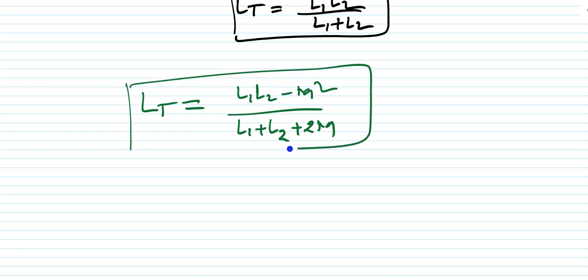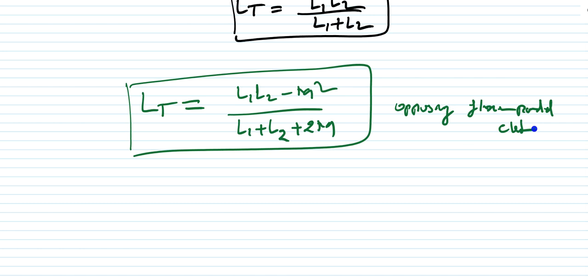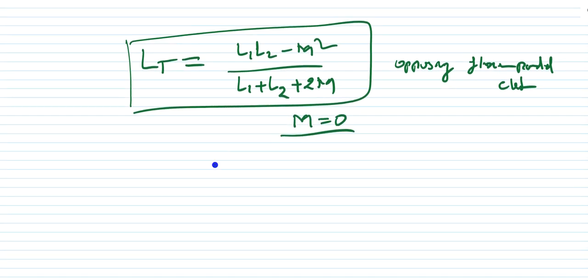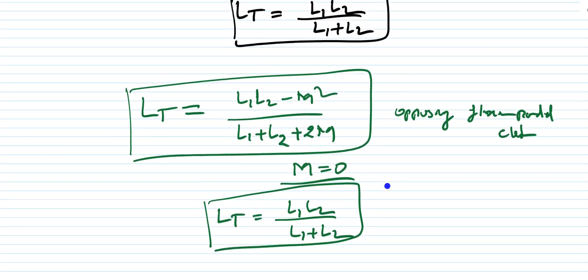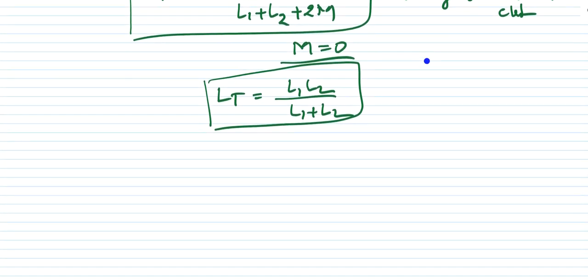This is for the opposing polarity, opposing the fluxes, for the parallel circuit. Again assume there is no mutual inductance here also, then what is the total equivalent you are getting? This is L1 L2 by L1 plus L2, isn't it? So this is the equivalent circuit you are able to get for the same point here.